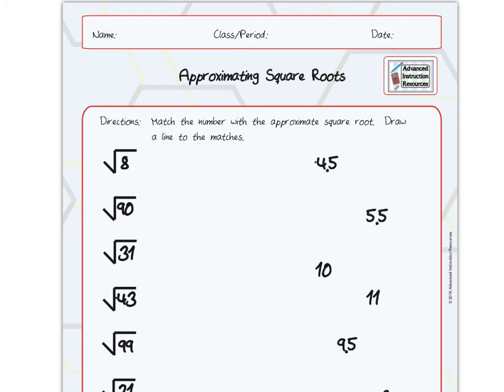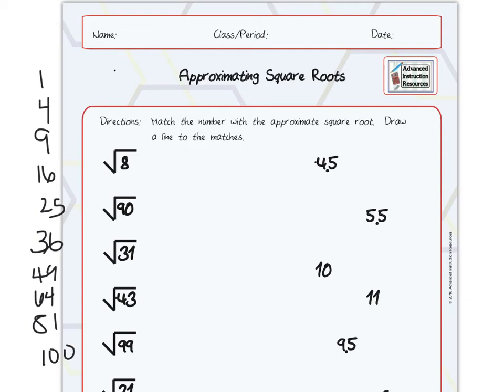So if we go back to our list of the first 10 perfect squares, actually I'm going to write it down on the side over here. We have 1, 4, 9, 16, 25, 36, 49, 64, 81, and 100.